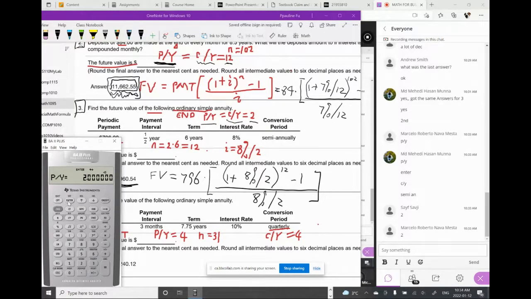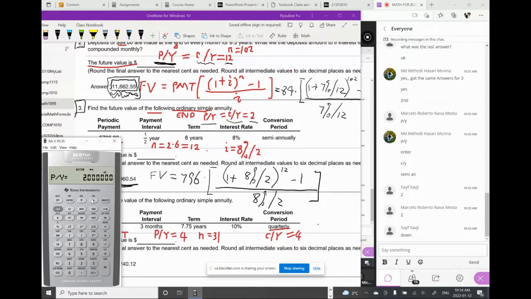Okay. Now, how do I go to CY? Which button? The down arrow key. Yeah, down. Quick down button. You have CY. And type in 2. CY also 2. Enter. And then second, quit.